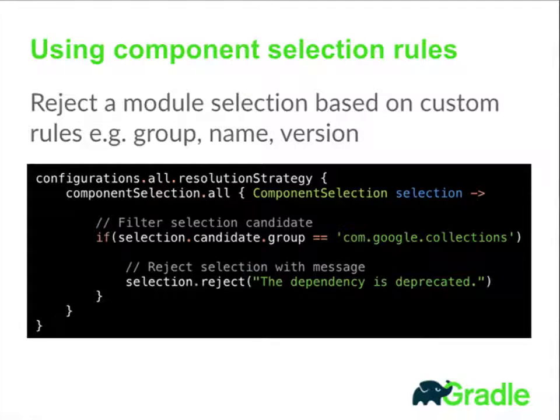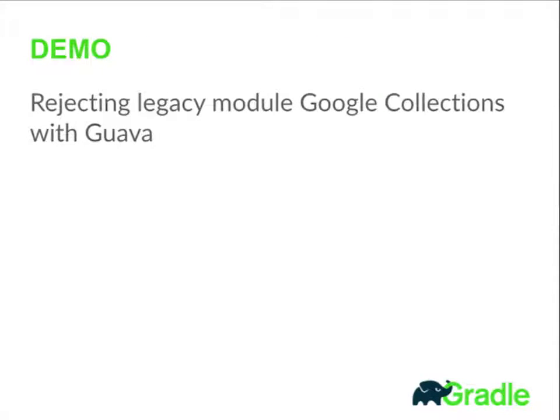We actually want to throw an exception here. This is the typical use case for Guava, which used to have a different group ID than it has now. And we just want to say, whenever a developer uses the old coordinates, simply fail the build, reject that specific dependency. And you can make this happen with these rules.